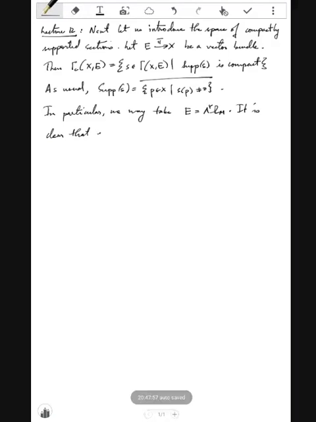So in particular, we may take E to be the rth exterior bundle of a manifold M, and it is clear that if S is a compactly supported section, then ds is also compactly supported.